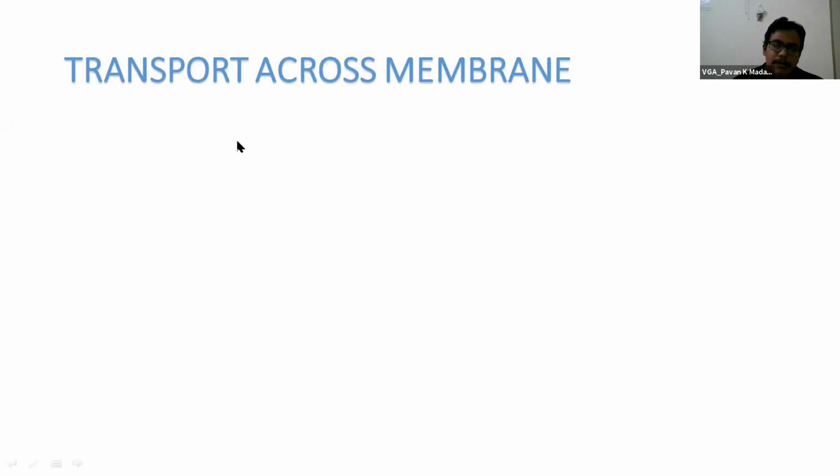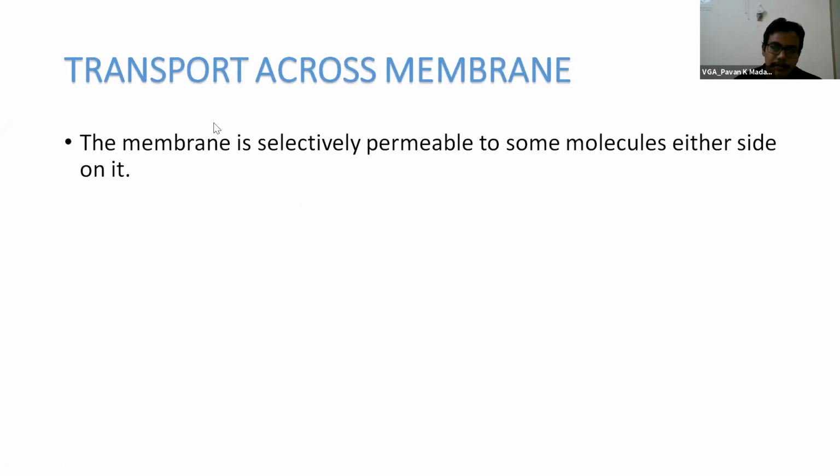Okay, so coming to the transport across the membrane. How does the transport take place across the membrane? Why is it important? Whatever is required for any cell should go into the cell, and what is not required, suppose some molecule is getting excess production inside the cell, has to be released out of the cell.